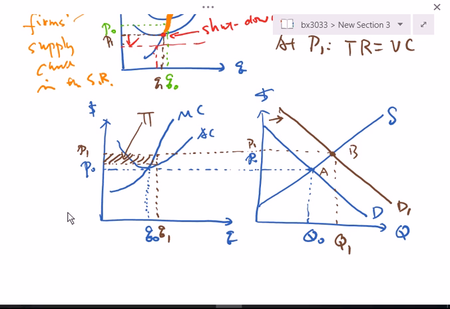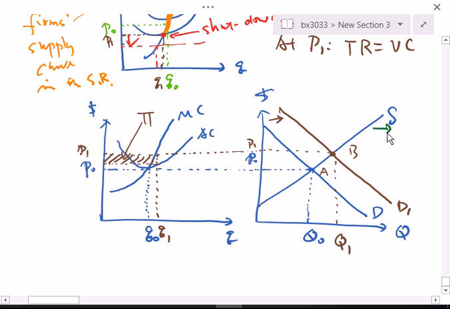So if there is positive economic profit, if say I observe firms in the market that all earn a positive economic profit, then I'm going to enter the market. So as more firms enter the market, this supply curve will shift to the right because now there is more supply.